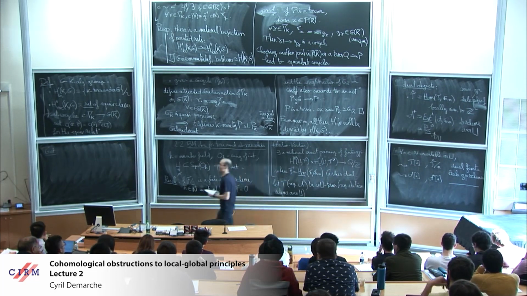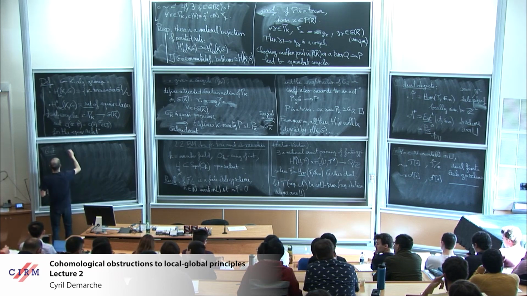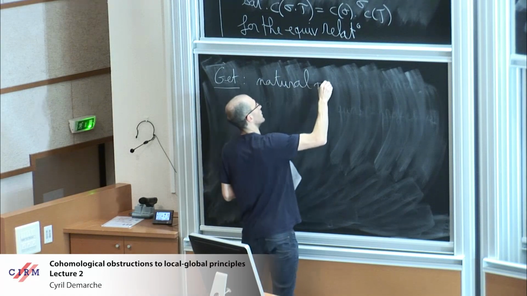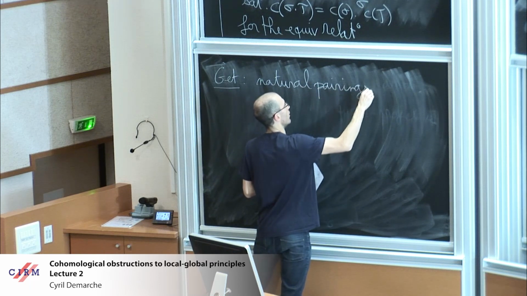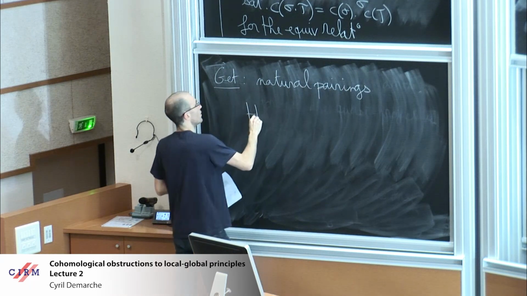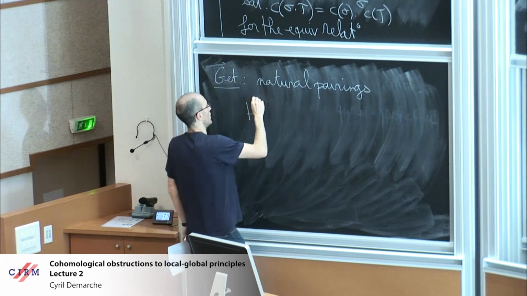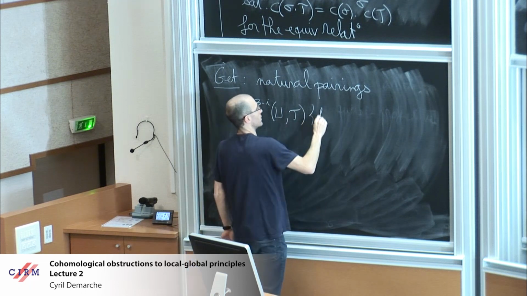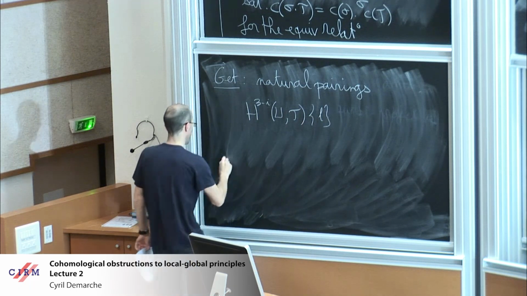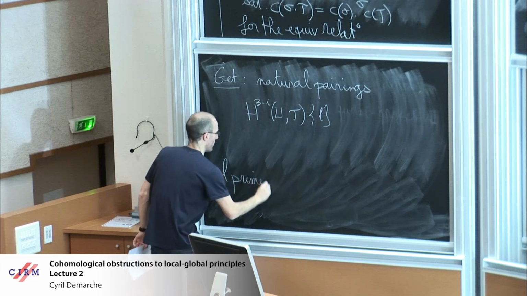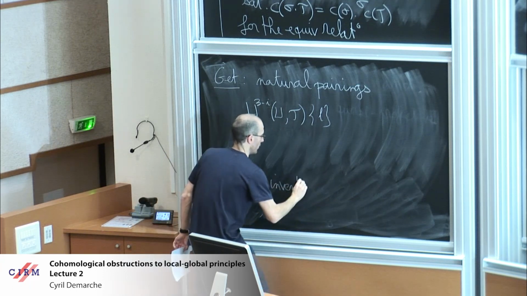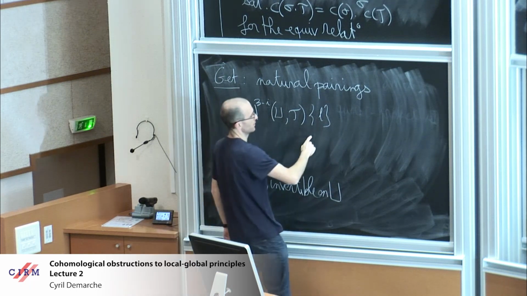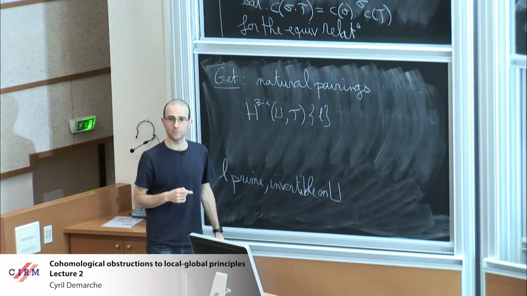If you put all of this together, you get natural pairings from H^{3-i}(U, T), where l is a prime invertible on U, and this is the l-primary torsion.